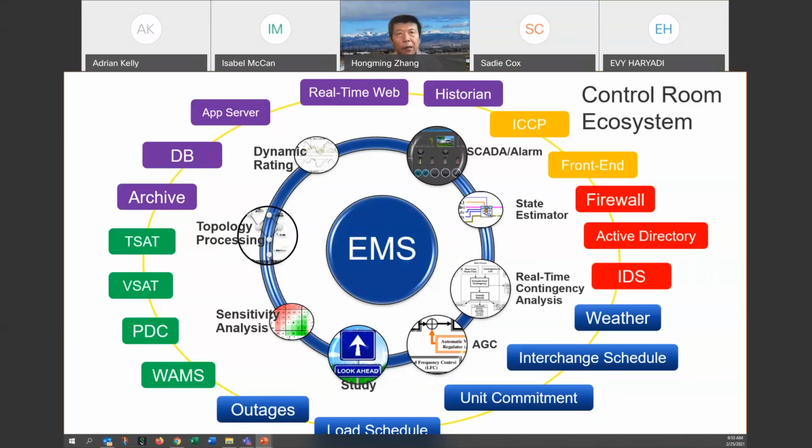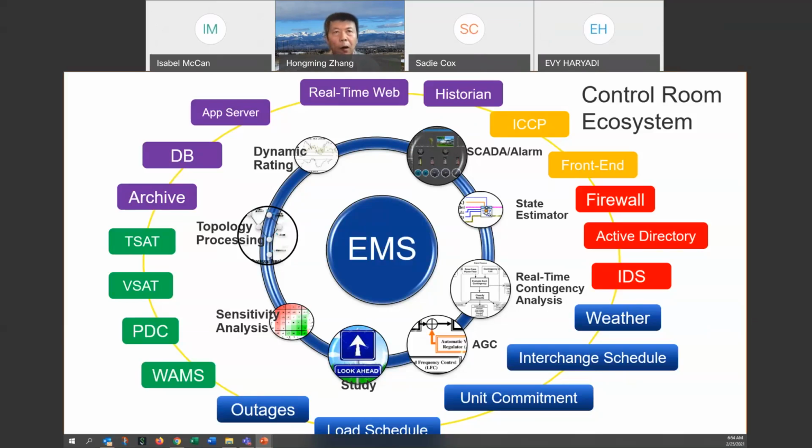Then most control rooms, every few years, add a new application, like transient stability, voltage stability, and cybersecurity. All those help. But in the meantime, if you look at them together, the operator's display shows more than 20 screens in front of a single operator.